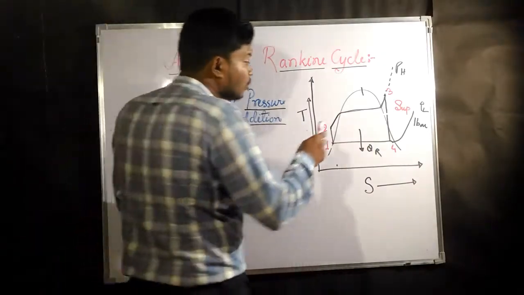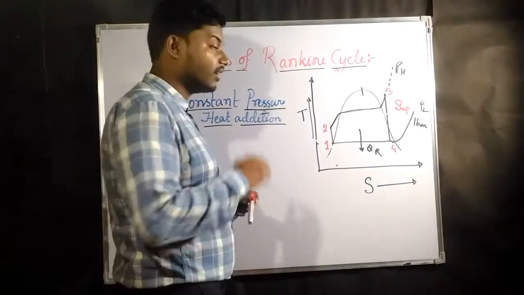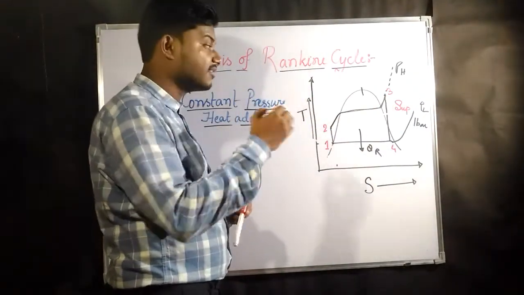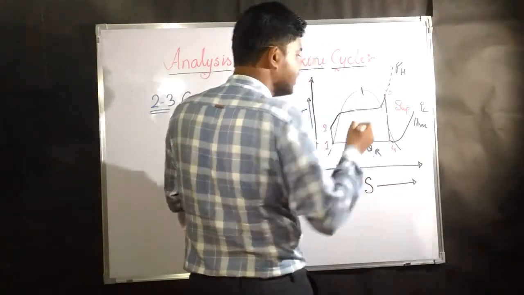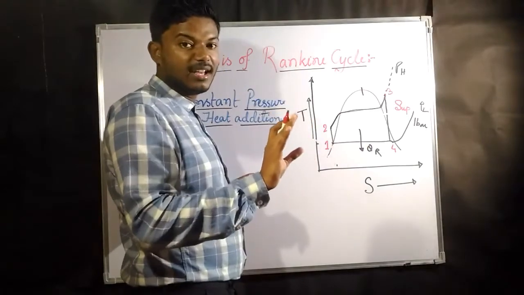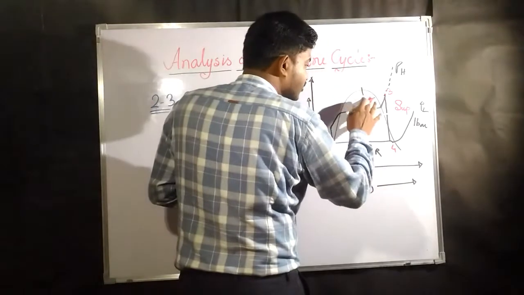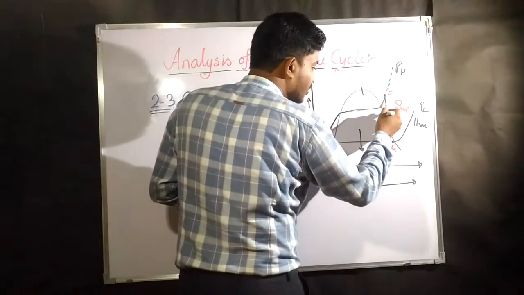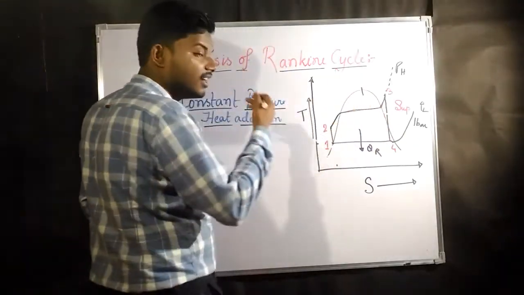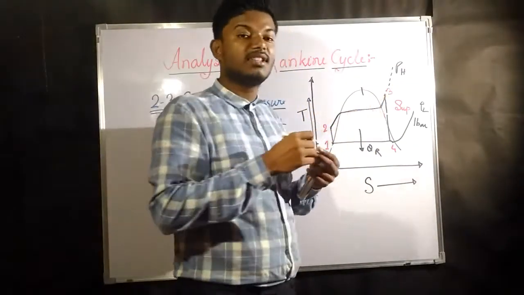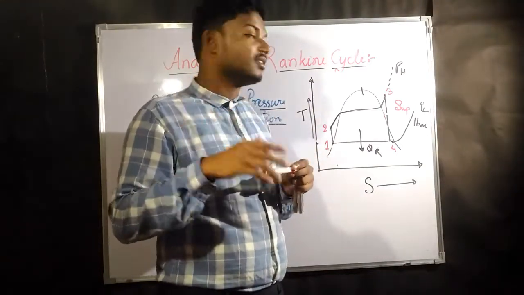Now once the state of the substance has come out of the vapor dome, suppose at stage 3, it is crossing the boundary of the saturated part also. This is the saturated gaseous line and this is the saturated liquid line. So once it has come out of the saturation part, there is nothing that would be related to saturated once it has come out.